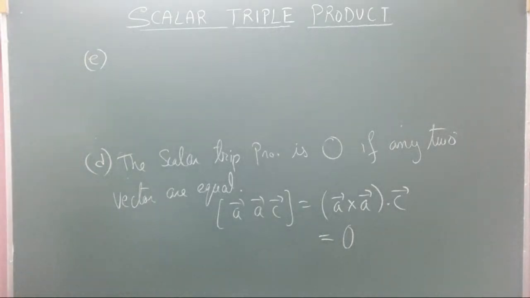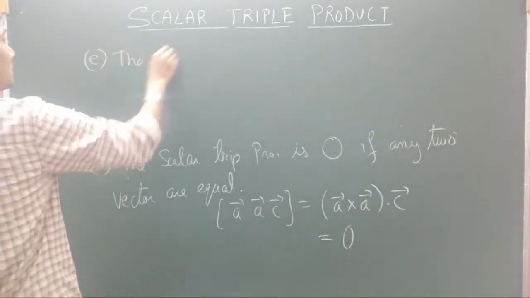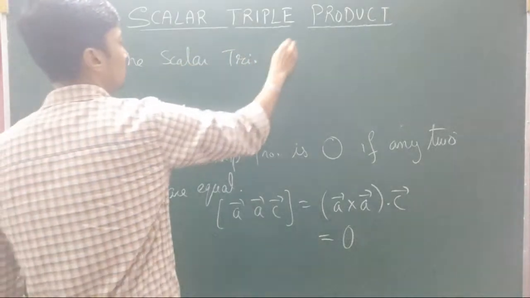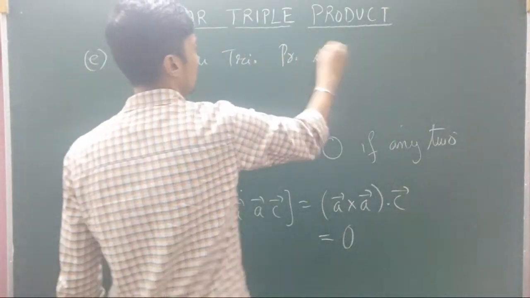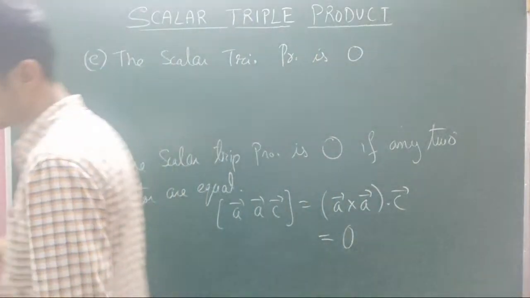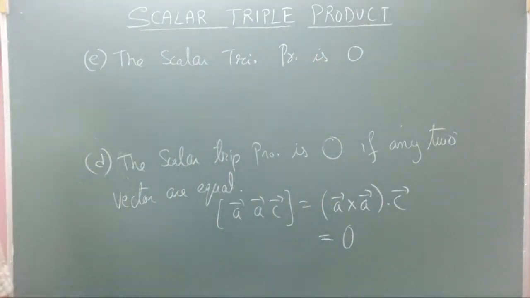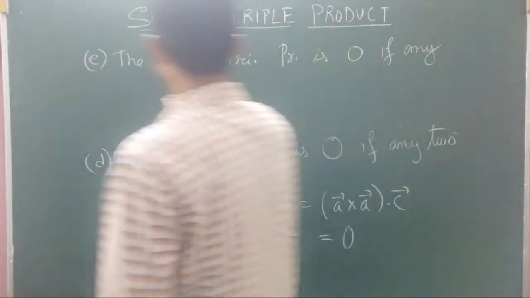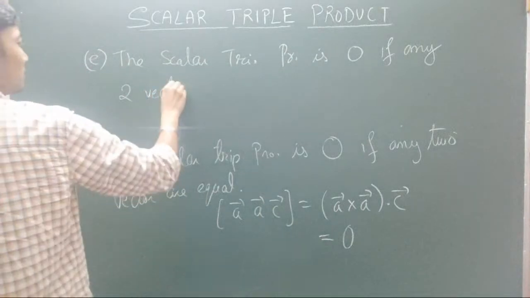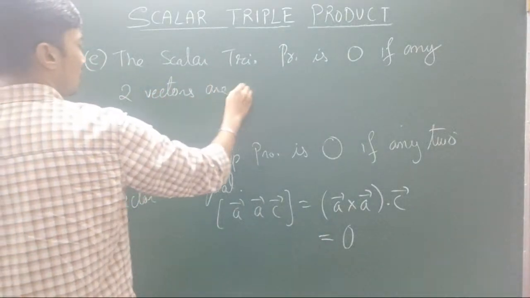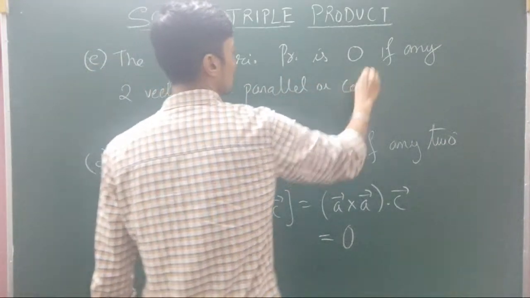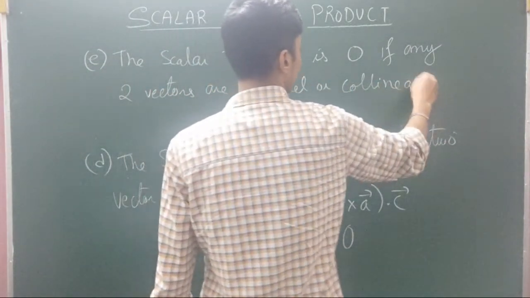Okay. Number 5. The scalar triple product is again 0 if any two vectors are parallel or collinear.